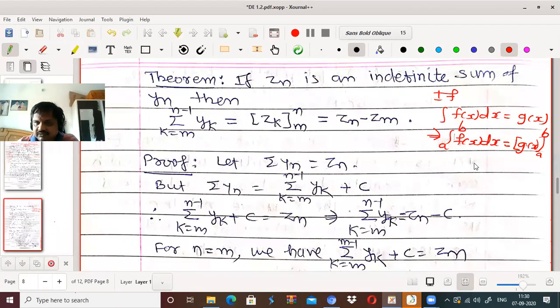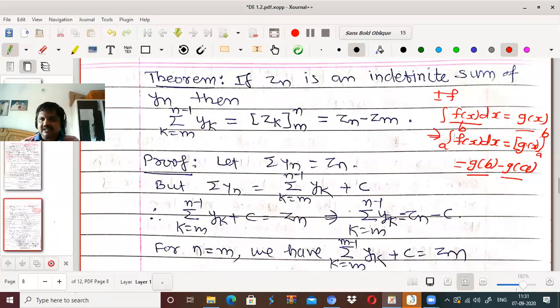This is equal to g at b minus g at a. We know this from integral calculus. If you know the indefinite integral of f of x is g of x, then how to find the definite integral? Only put x equal to the upper limit b, minus put x equal to the lower limit. Whatever the indefinite integral is, put the upper limit minus the lower limit.